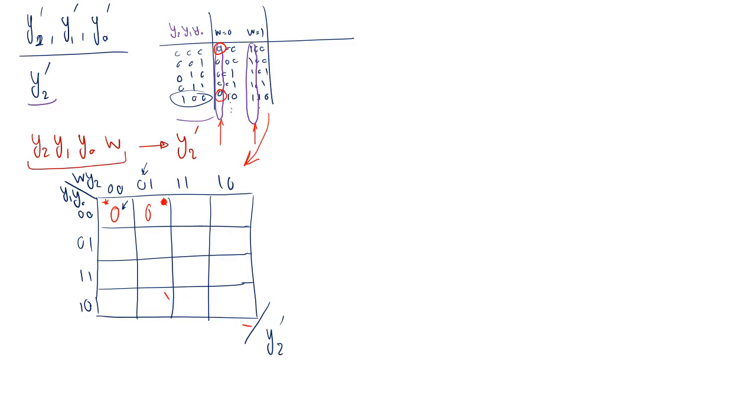So I'm going to get 0, 0, 0, 0, 0, 0, and actually 1, 1, 1, 1, 1, 1. Looking at this Karnaugh map, it's one of the best Karnaugh maps we could get, because you can easily circle all the ones and say that Y2 prime is really equal to W, right?